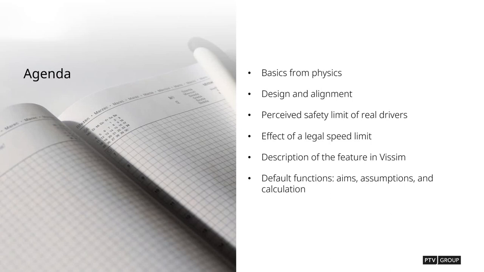Then next, the effect of a legal speed limit, and then showing the feature in Vissim. And then finally the default functions. Why are they how they are, or the one single default function for cars speeding in curves. How did I compute this, and when would you have to change it?